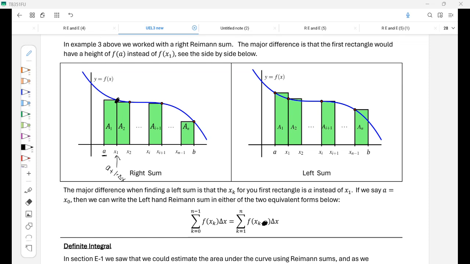Delta x is defined as how wide the bases of these rectangles are. So we take where a was and we add 1 base to it, and that tells us how high our rectangle needs to be. Do you guys agree with that? Does that make sense? The second rectangle happens at x2, so that's a plus 2 delta x.